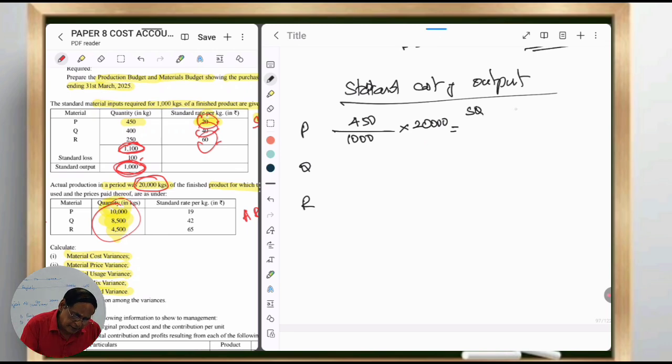So standard quantity in standard price: 9,000 quantity, standard price 20 rupees.